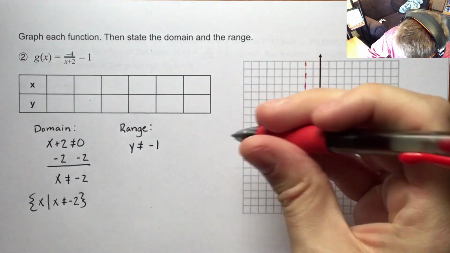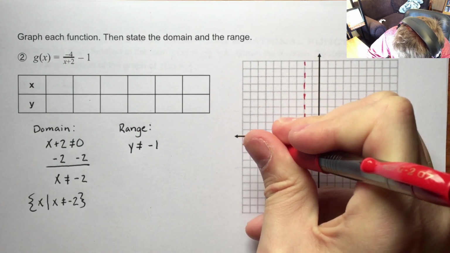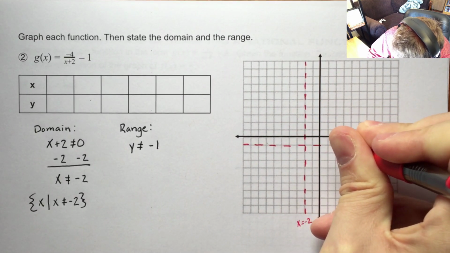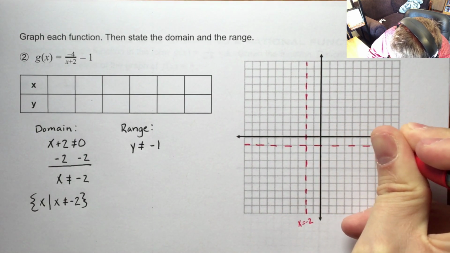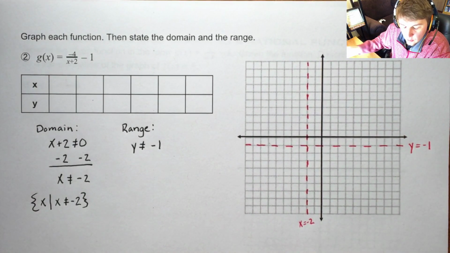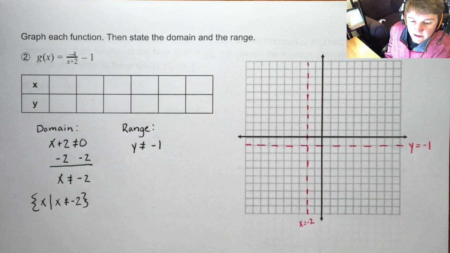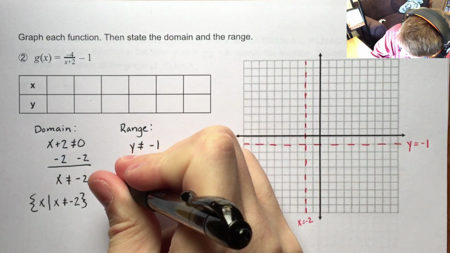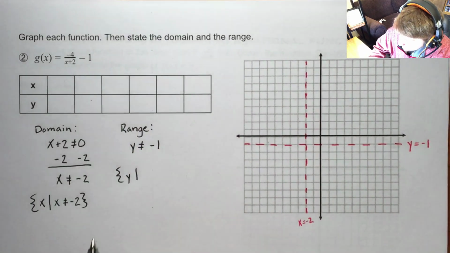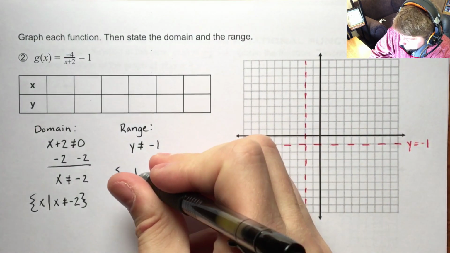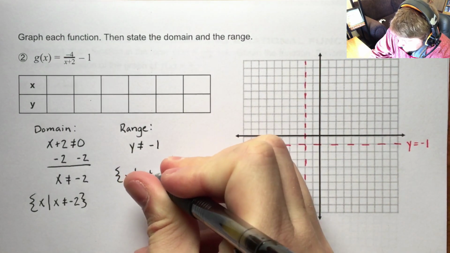And so then I can put my second spot that is going to be a gap in my graph. There is my vertical and horizontal asymptote, and now I can draw my range. My range is the set of y values such that y cannot be equal to negative 1.